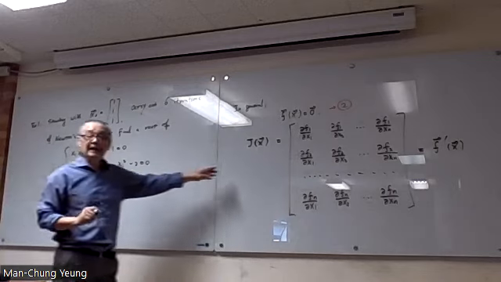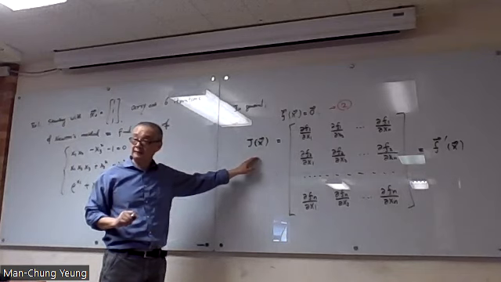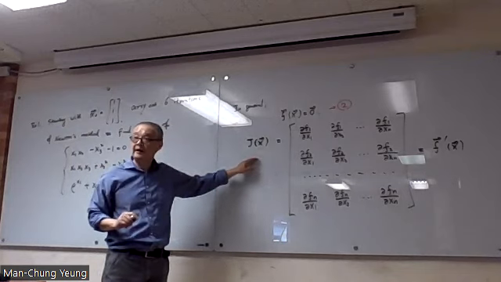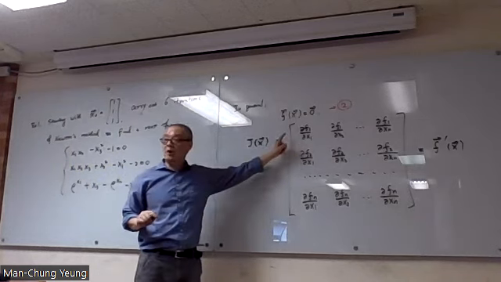Now, Newton's method. First, we need to find the Jacobian. Partial f1 over partial x1.